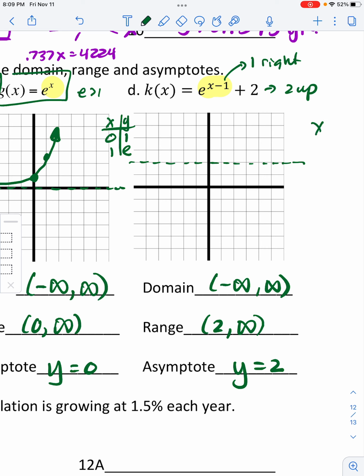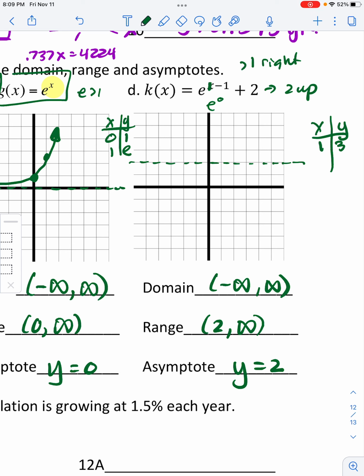And then I'm trying to get like 2 points maybe. Oh, actually, I'm going to put in a number that makes my life easier. Let's say I put in a 1. Then I would have e to the 1 minus 1. But that would be e to the 0, which is 1, plus 2 is 3.